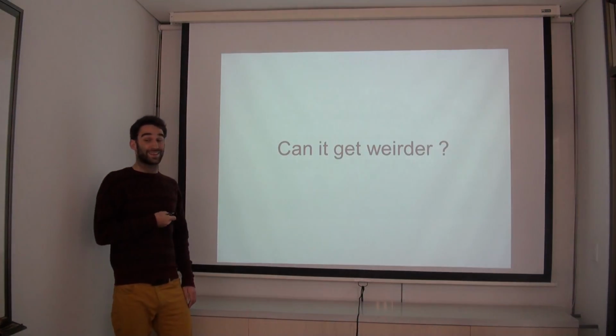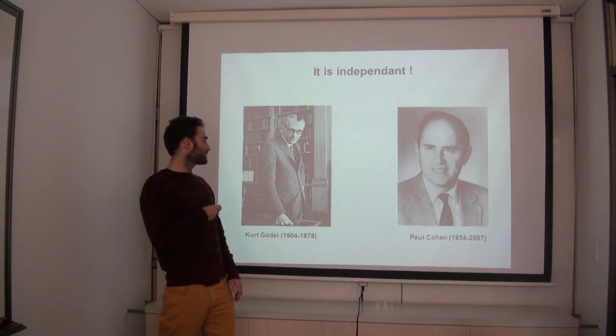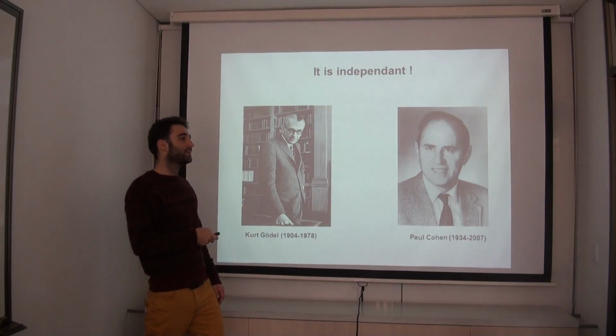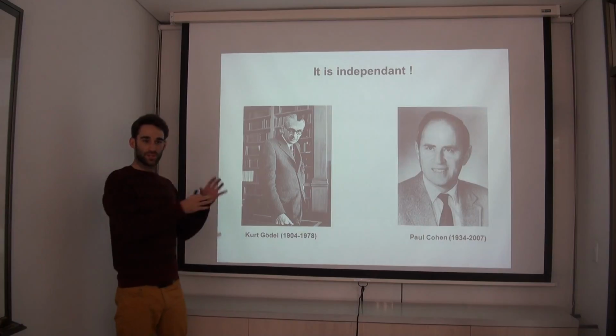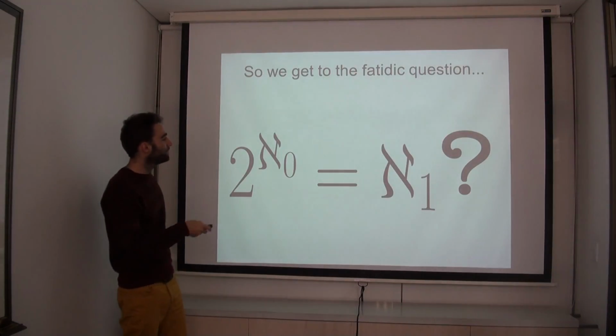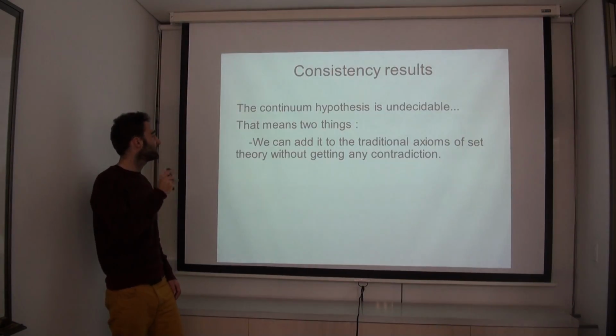And can it get weirder now? Yes, it can. It is independent. It was proved by Kurt Gödel on one side and Paul Cohen on the other side that the continuum hypothesis, which is the name of this famous formula, is independent. What does it mean? That means two things.